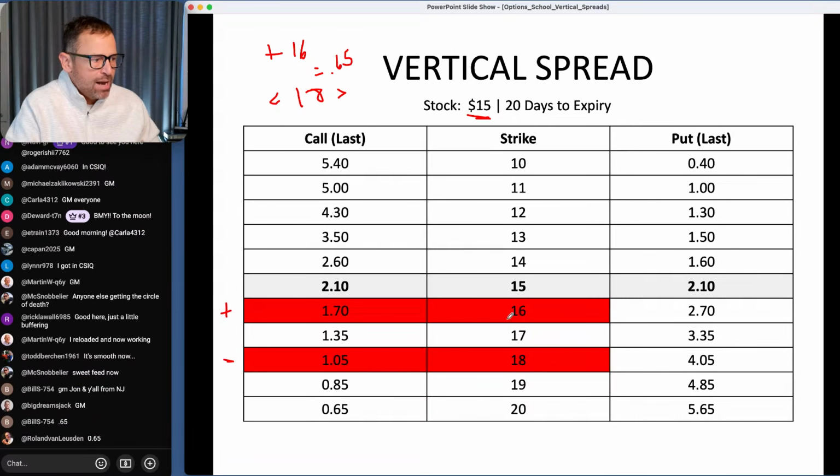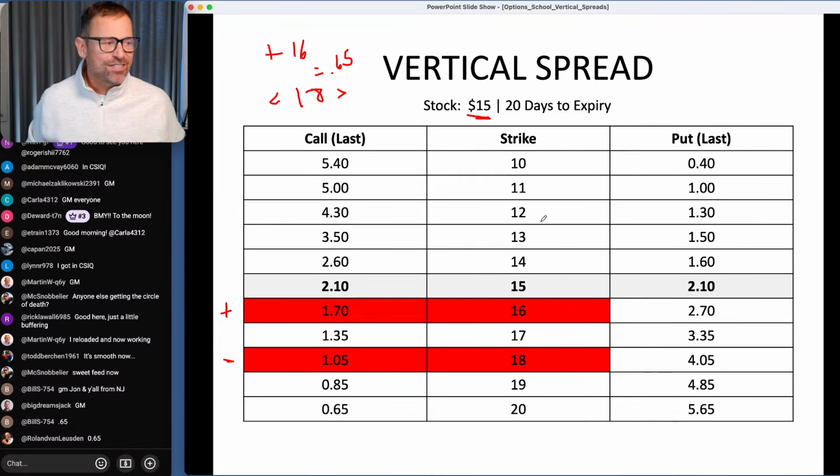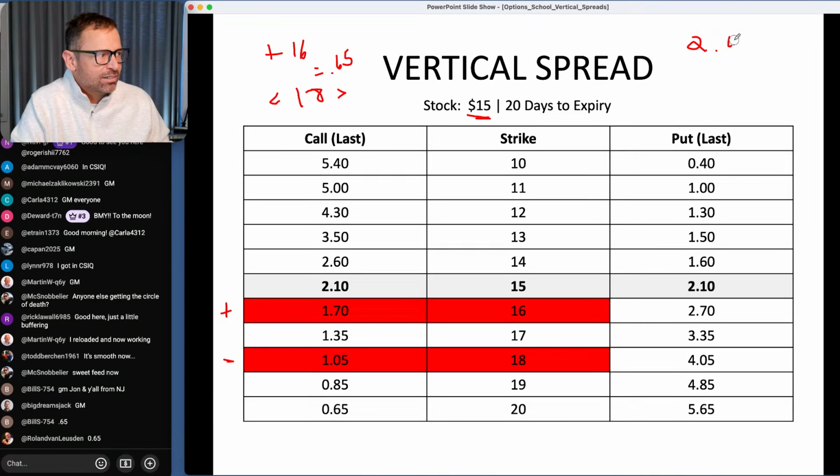So if the vertical spread is 65 cents, that's your risk. $65 of risk. What's the most that we can make if this stock gets above 18? What's the most that we can make? $2 minus 65 cents, our risk.